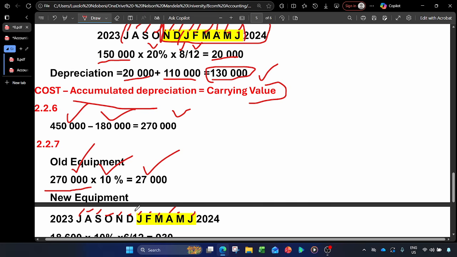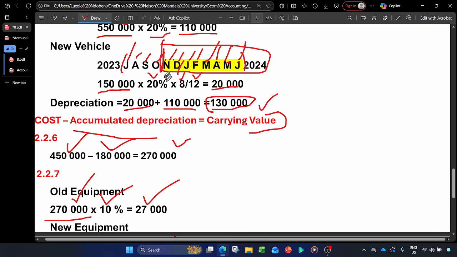The asset was bought on 31st of December, that means the whole of December, from 1 to 31 December, it wasn't used. That means December is not accounted for in the depreciation. The depreciation will start on the 1st of January until 30 of June.